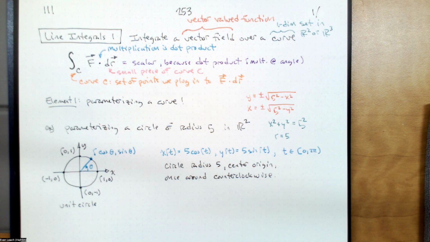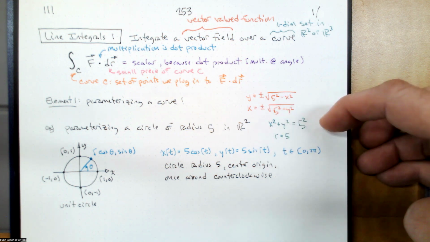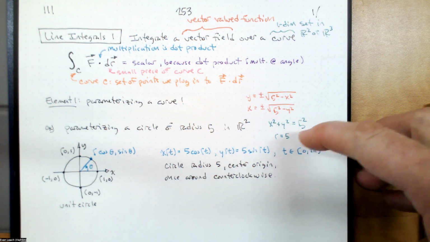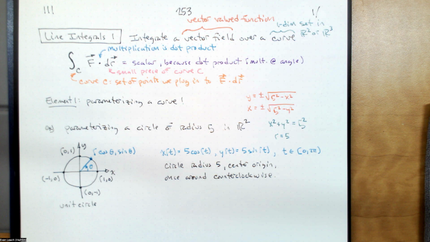So that agrees with x squared plus y squared equals 5 squared. It also fits our r equals 5 equation. Nice and backwards compatible.